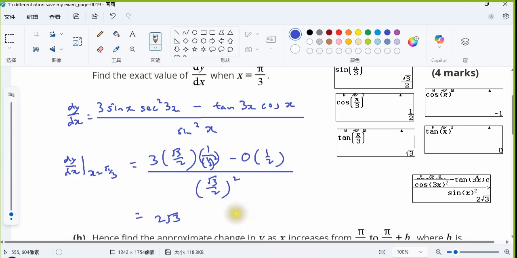So we will have the 3 times 4 over square root 3 over, no, 3 times square root 3 over 2 times 4.